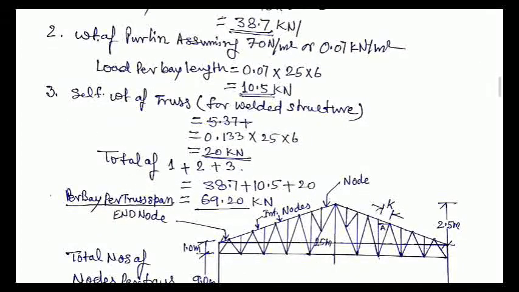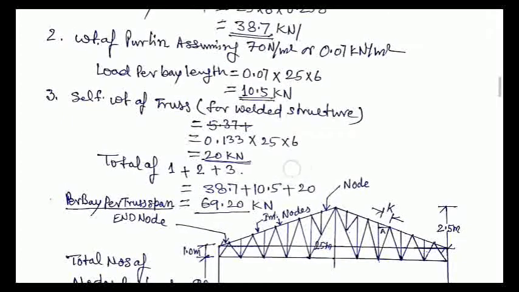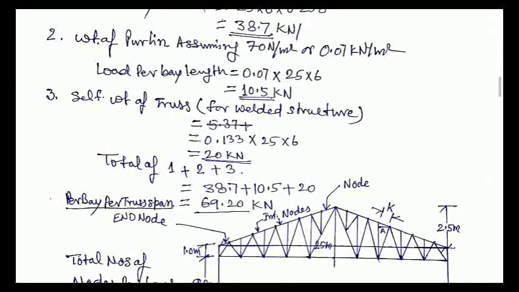Okay. Now self weight of truss for welded structure. If we are using welding, only welding, not bolting or riveting in the truss, then self weight of the truss is assumed to be 0.133 multiplied by 25 into 6, because this is self weight of the truss.